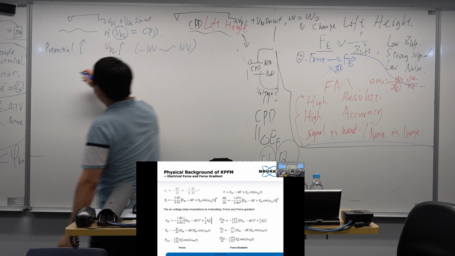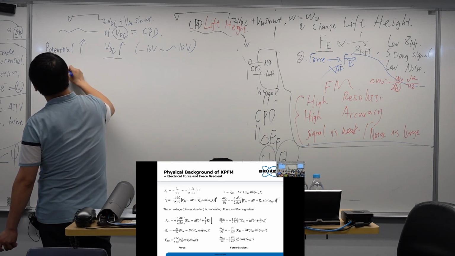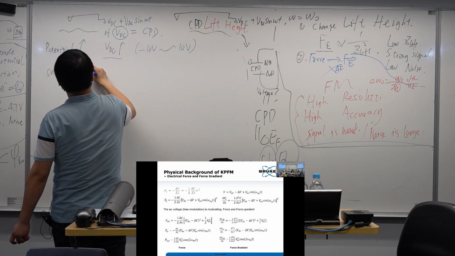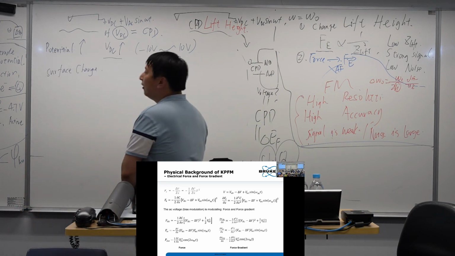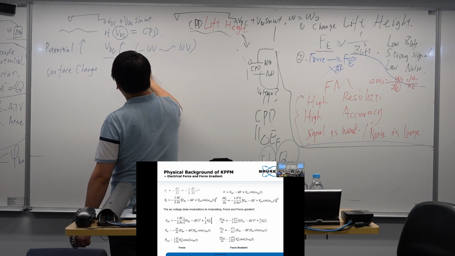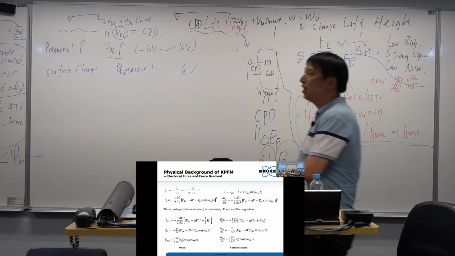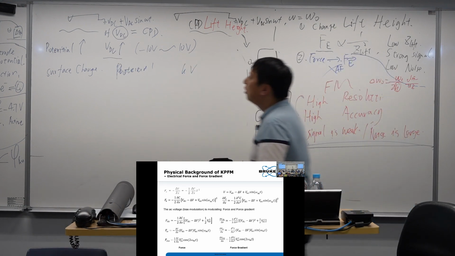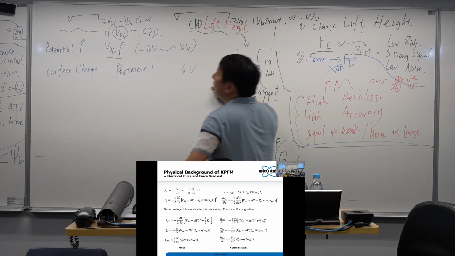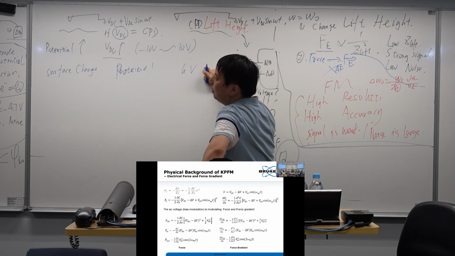But if we detect a surface charge on an insulator, this surface potential, as we said, can be kilovolts, can be quite large, right? So for this kind of sample, we do not have enough VDC to compensate it.